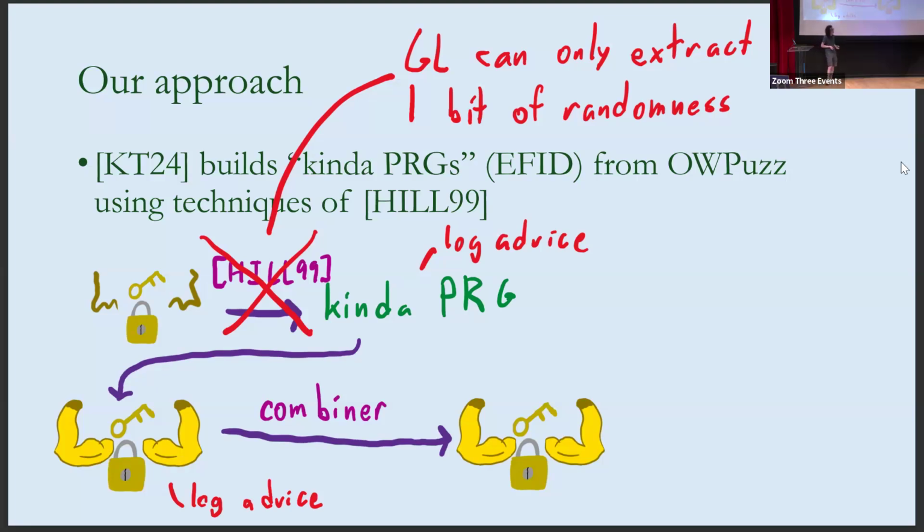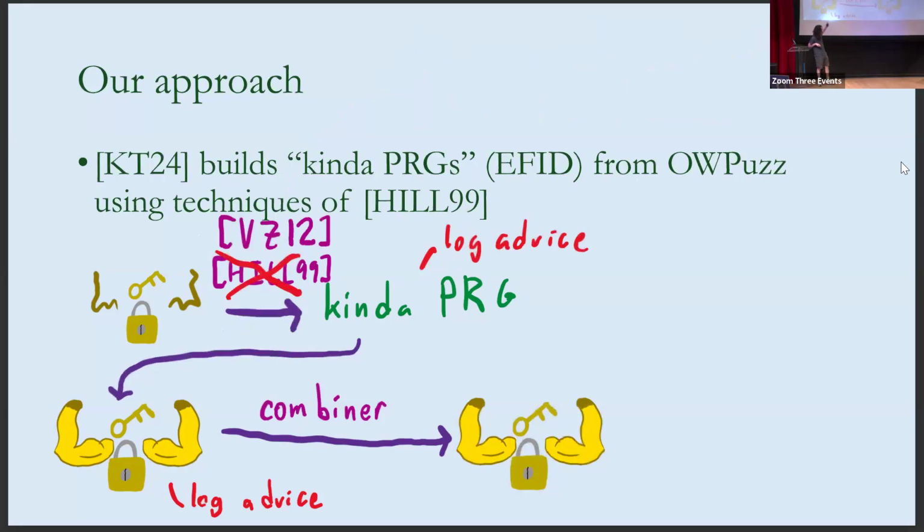And so what do we do? Well, we just use a more modern approach of building PRGs from one-way puzzles. We replace Hill with Vadhan-Zheng 2012, which is just a different approach to build PRGs from one-way puzzles. And it turns out that if you're careful with playing with parameters and quantizing everything properly, you can actually build these kind of PRGs from weak one-way puzzles, and this whole approach will work.